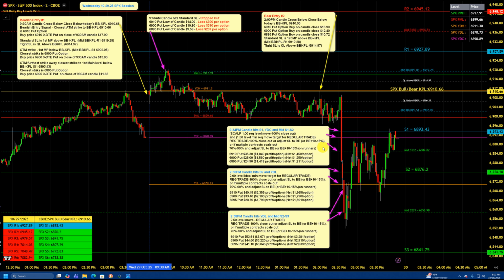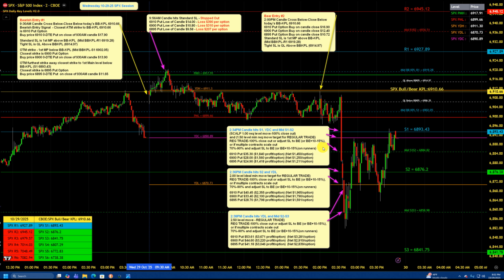Your options on a regular trade are, you can close out 100% of your contracts just like on a scalp, or you can adjust your stop loss to break even or break even plus a 10 to 15% profit buffer initially if you don't want to sell any of your contracts, or perhaps if you just have one and don't want to sell it and want to see if you can make more money.